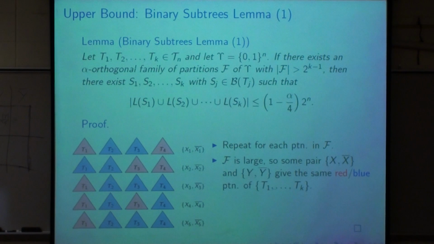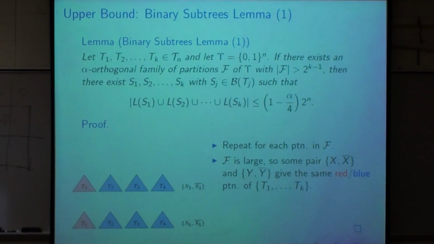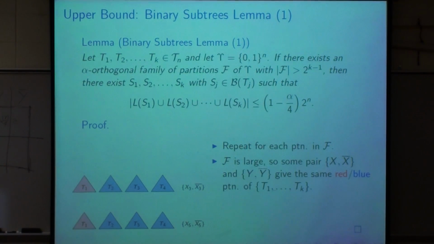But if we do this enough, by the pigeonhole principle, we'll eventually find a pair of partitions in our alpha orthogonal family that give the exact same partition of the trees that we're given. For example, these two here both give red binary subtrees in the first tree, and in the last three they both give blue binary subtrees.